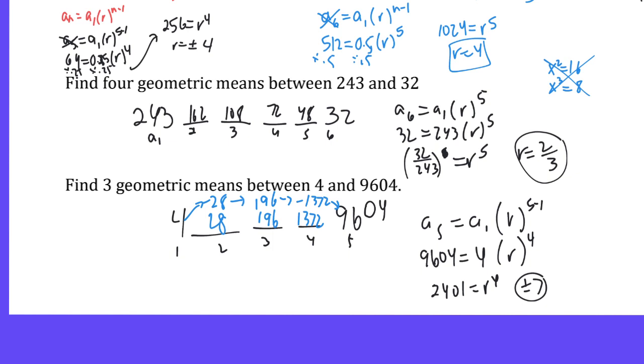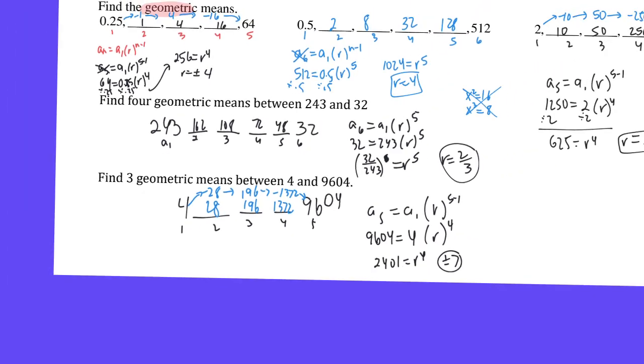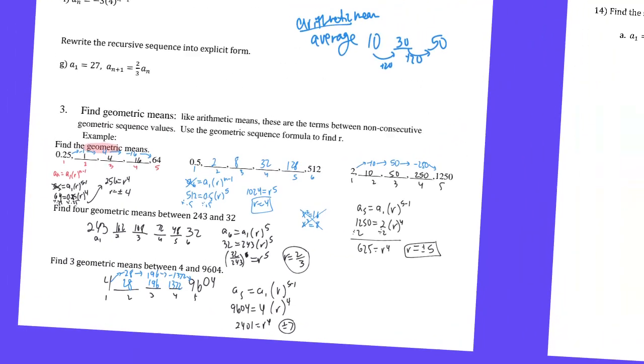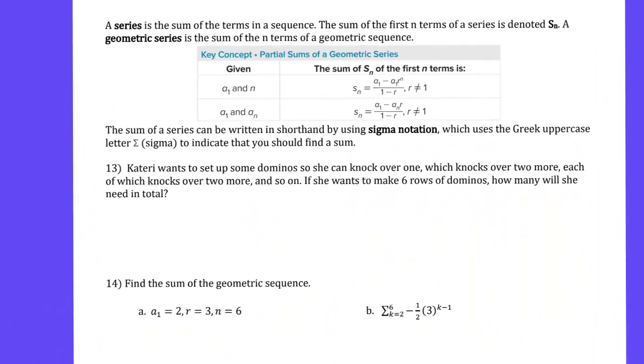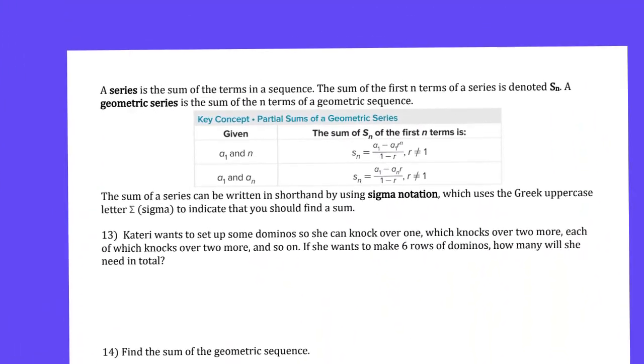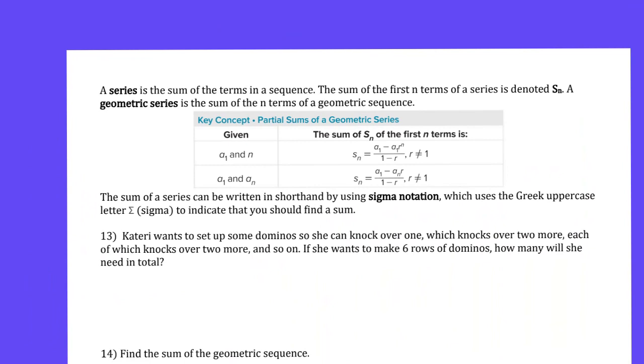Okay. So now we kind of get to the fun part. Actually, I like the arithmetic and geometric means best, but we're going to get to summation. Here's a geometric sequence. 5, 10, 20, 40. Can you find the sum of the first 25 terms of this sequence?